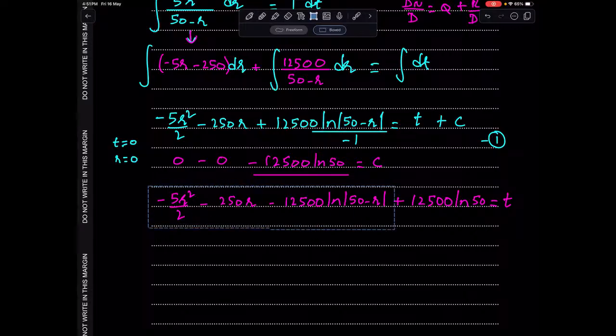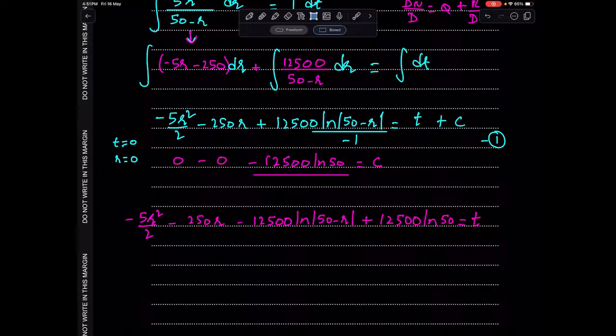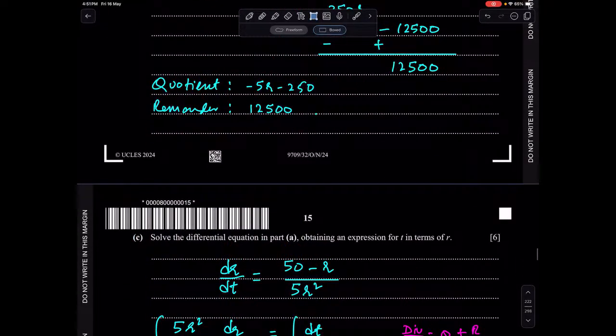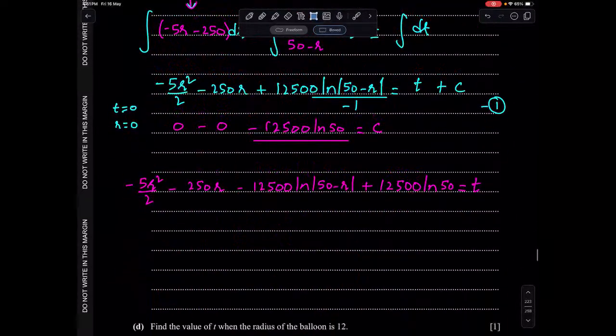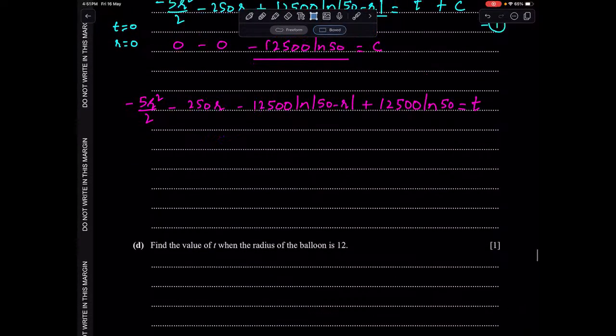The question was find the differential equation of T in terms of R. This is done. Now find the value of T when the radius of the balloon is 12. Very simple. We just need to put 12 here in this equation.